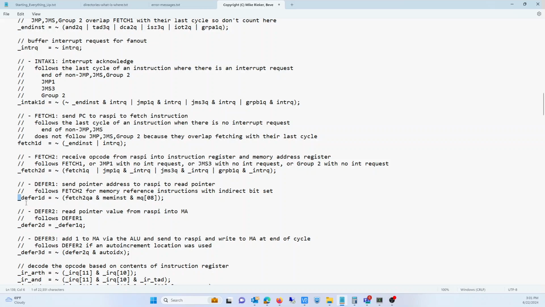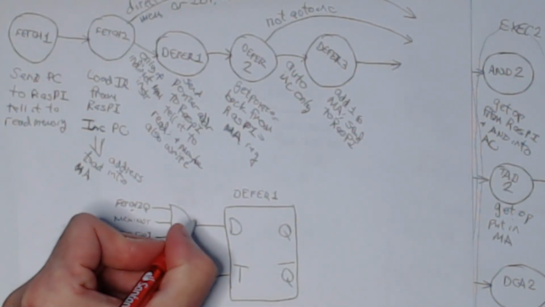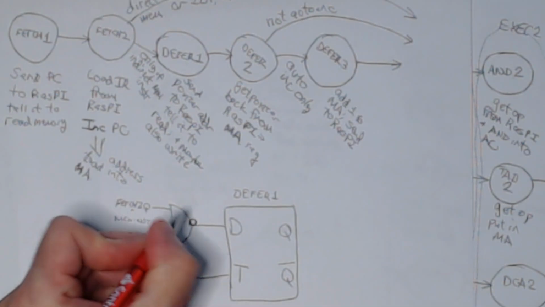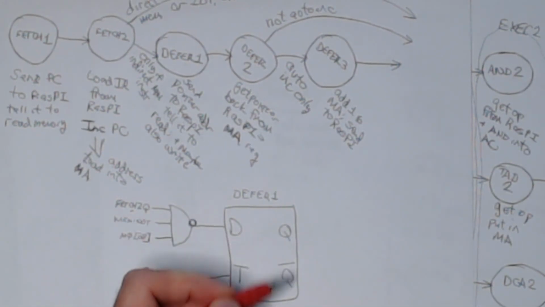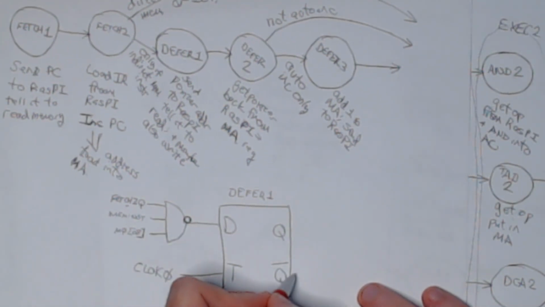So fortunately, it's very simple to use a NAND gate when you're going into a flip-flop, right? All you need to do is make this a NAND gate, and then I just reverse which of these is going to be the defer signal.